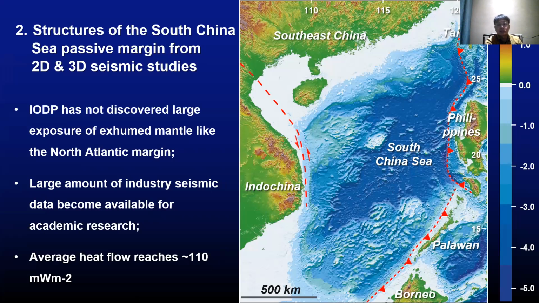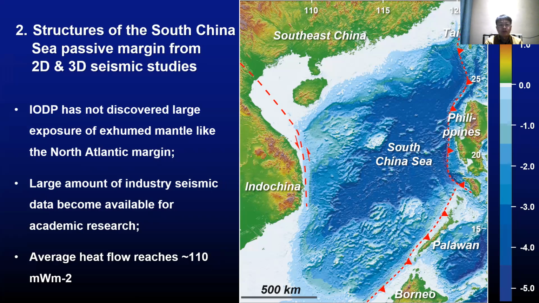So the current South China Sea has very wide continental margins, up to 1,000 kilometers in the north and more than 500 kilometers in the south. So it has extended a vast area. Recent IODP campaign has not discovered large exposure of continental mantle, like what we have seen in the North Atlantic margins.